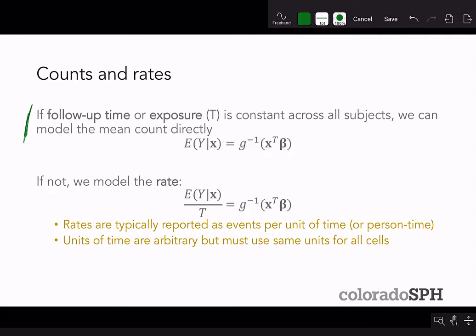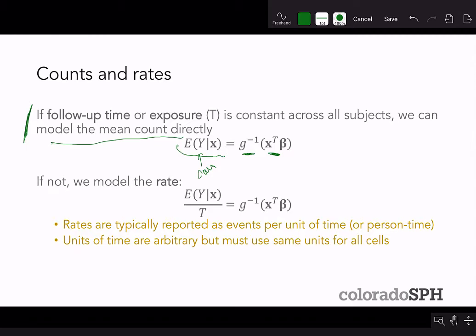If this is constant across all subjects or cells, in the previous example it was not, but if it is constant across all subjects or cells, we can model the mean count directly, in which case we are modeling the expected value of y, which is a count, given the set of covariates, through some inverse link function of the covariates and the weights, the betas.